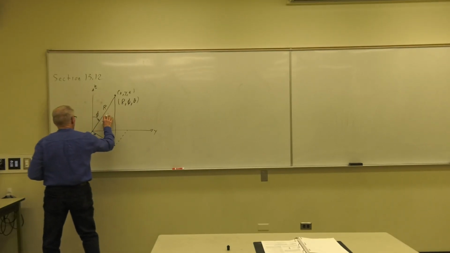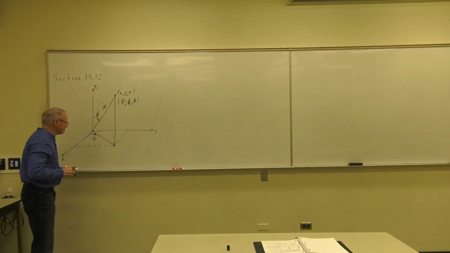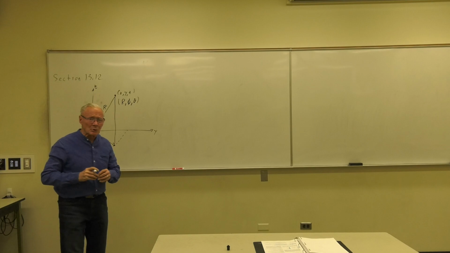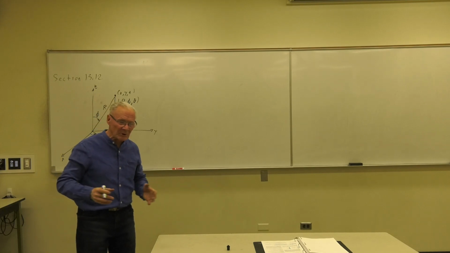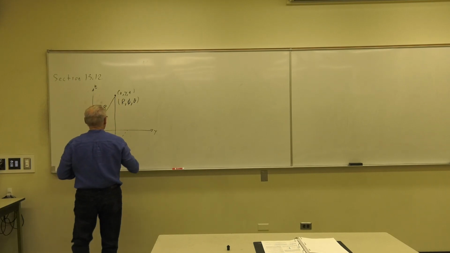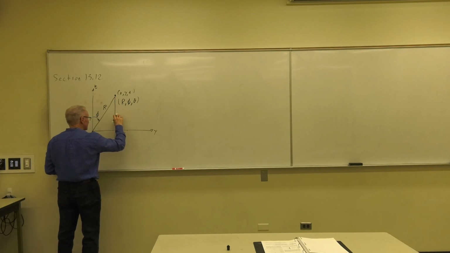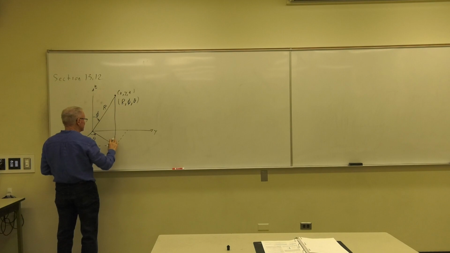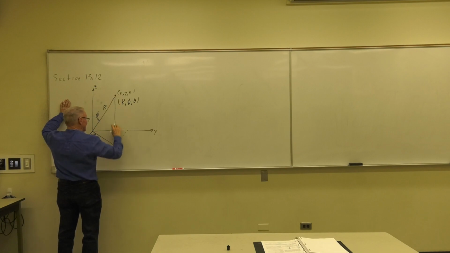What we need to know is how to relate the Cartesian coordinates to these spherical coordinates. Well, if you look at this, you drop that perpendicular down, then this is a right angle triangle. And I ask you then, how long is that?